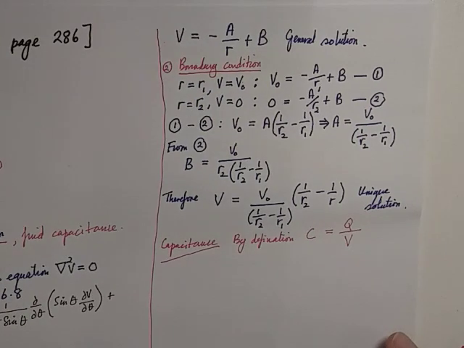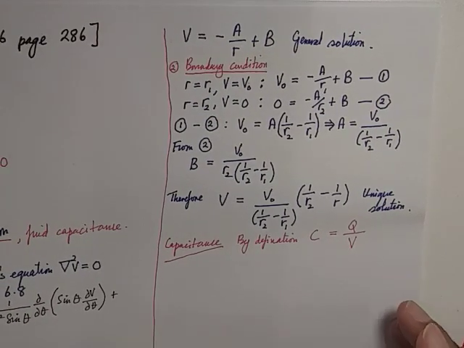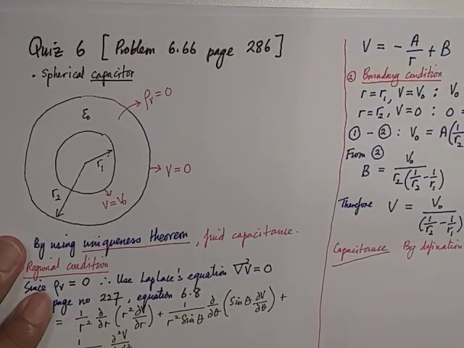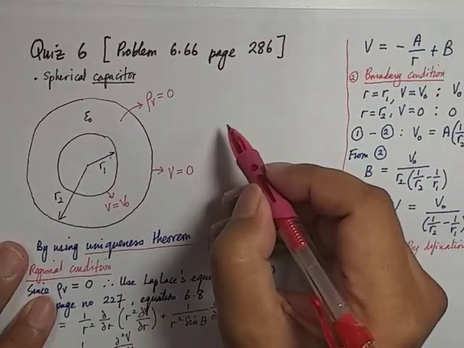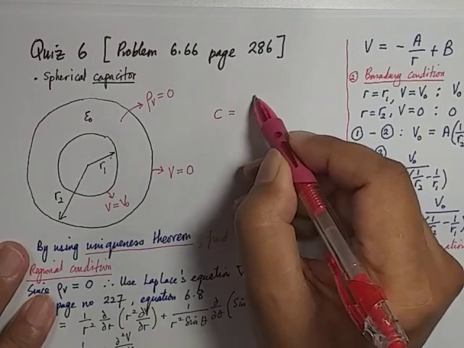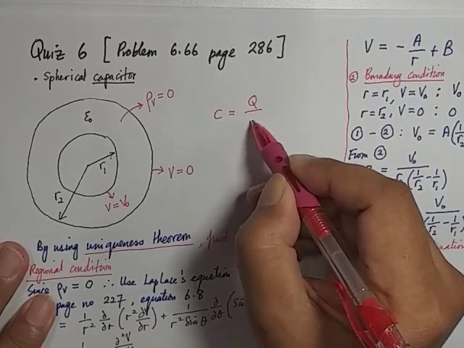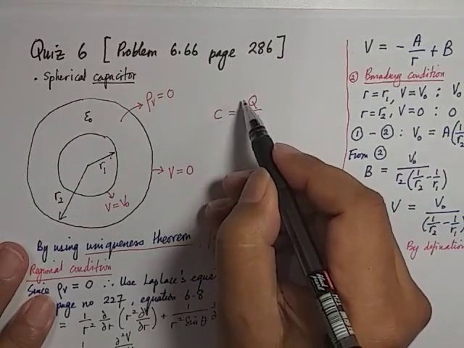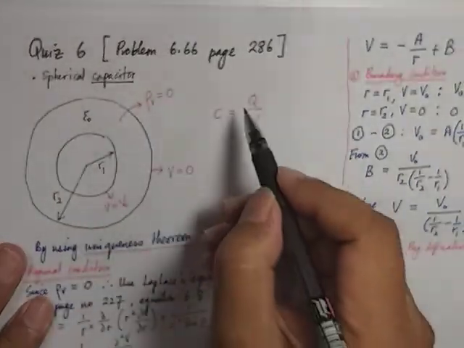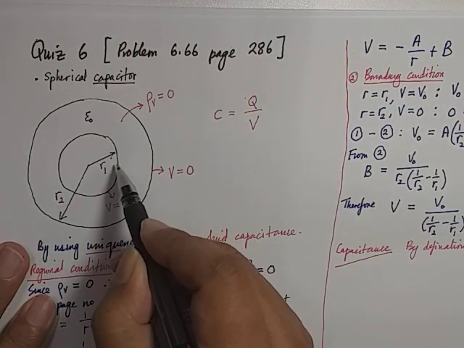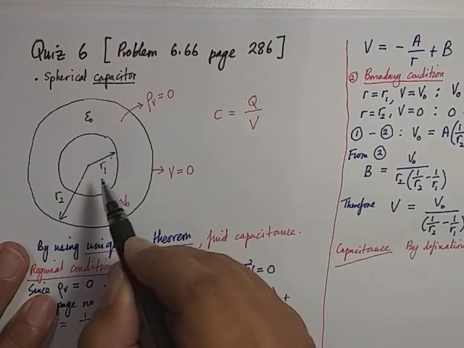Based on our diagram, how do we define capacitance? As we said just now, Q over potential. We know that the Q will be based on one of the surface charges. The Q can be the charge on this surface or the charge on this surface, meaning you can choose either one.